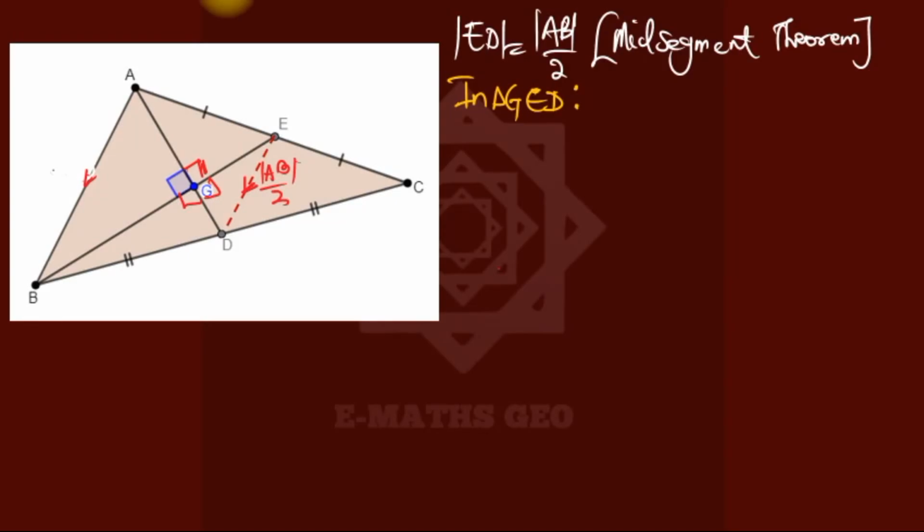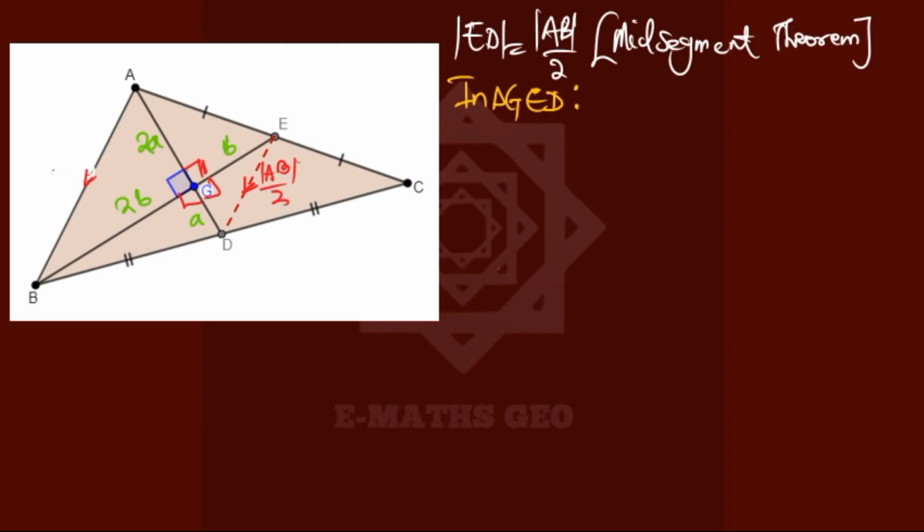So if I call GD a, then AG is 2a, using the median property in the ratio of 1:2. And also if I call EG b, then BG is 2b. That is the same median property.